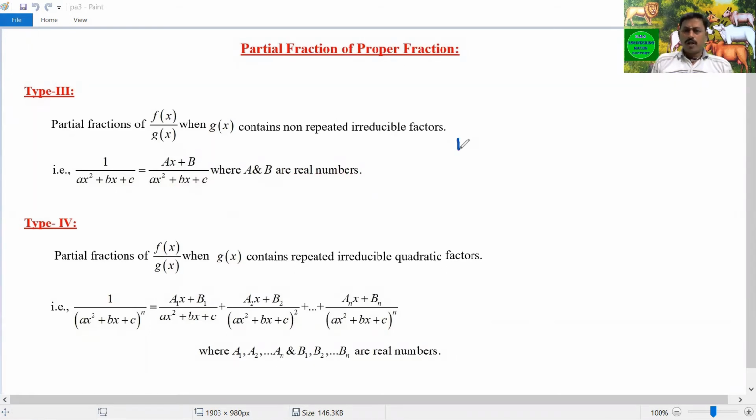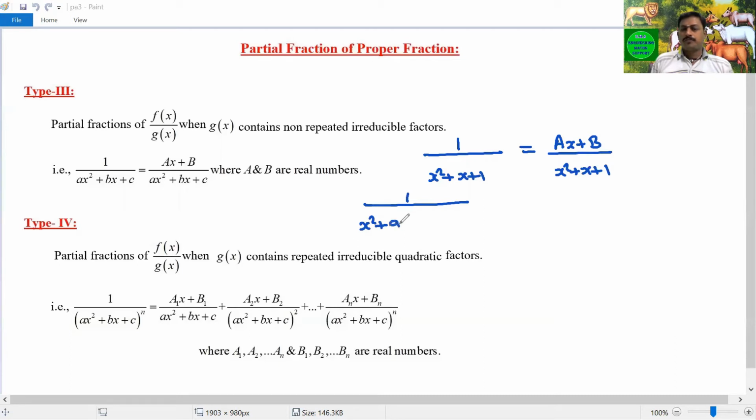Example, if you get the fraction x square plus x plus 1 in the denominator, we can't factor the denominator, so we can express the partial fraction as Ax plus B divided by x square plus x plus 1. Suppose we have a fraction like this, (x square plus 9) into (x square plus 4).